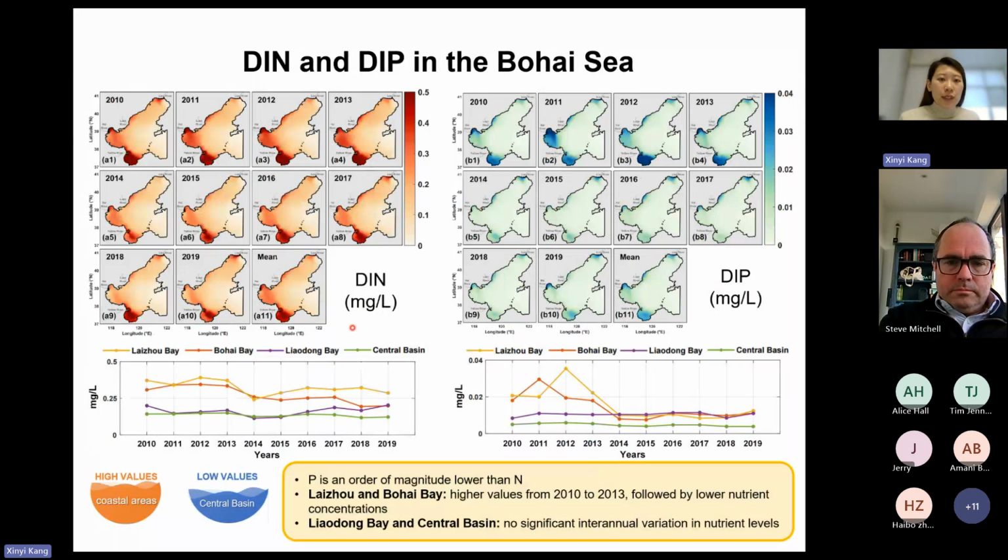When we refer to the time series of nutrients for each sub-bay area in the study, we could see that Laizhou Bay in yellow, and also Bohai Bay in orange, showed high values from 2010 to 2013, followed by lower concentrations. And Liaodong Bay in purple, and also the Central Basin in green, show no significant interannual variations in nutrient levels.